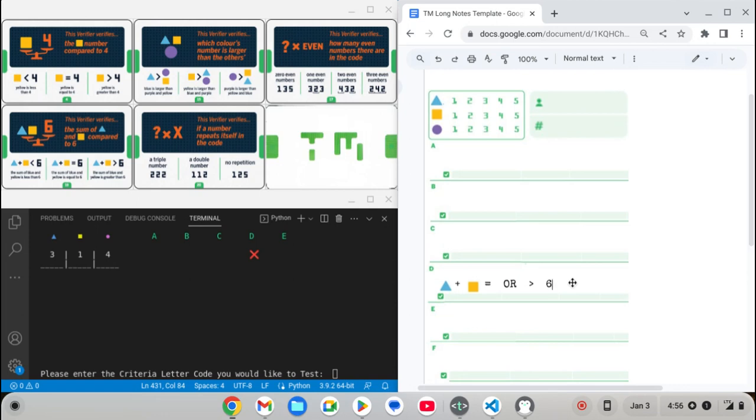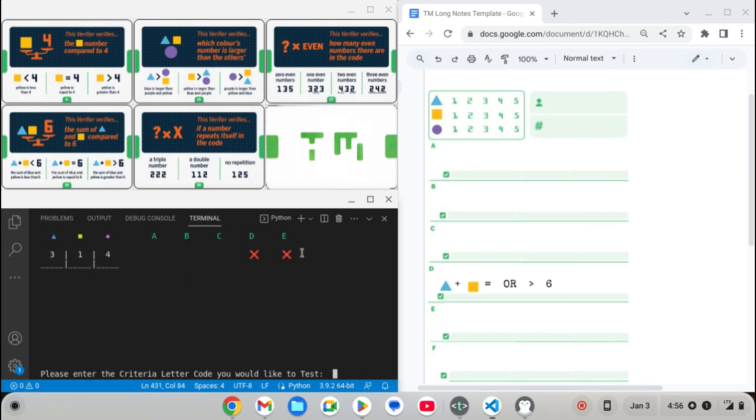The only thing we can bear in mind is that we're not going to have 2 small quantities in triangle and square. So you're not going to have like a 1-3 or a 2-3, for example. Those all add up to be less than 6. Can't cross them out. We just have to keep that in mind. Let's see, what else? Well, let's go ahead and let's test criteria card E.